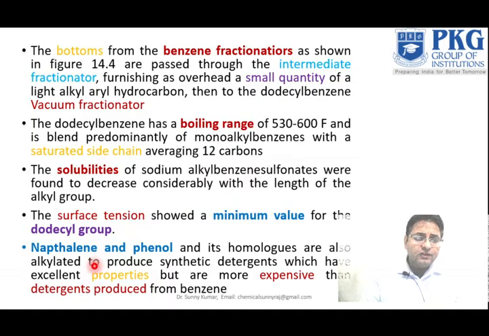The naphthalene and the phenol and their homologues are also alkylated to produce synthetic detergents which have excellent properties but are more expensive than the detergent produced from benzene.